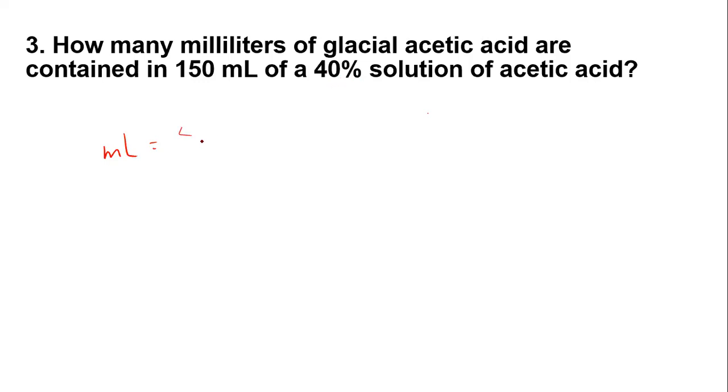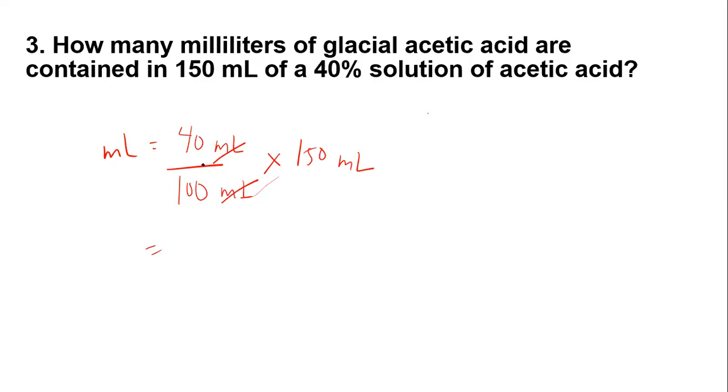Then you multiply this by the volume of the desired solution, so 150 milliliters. Don't forget to cancel the units. There is still one ml left, and that is okay because we are trying to find the volume of the solute in milliliters.